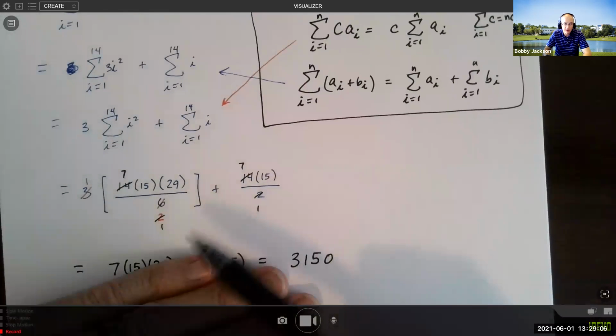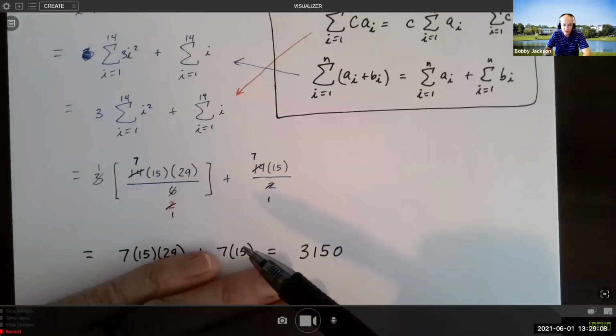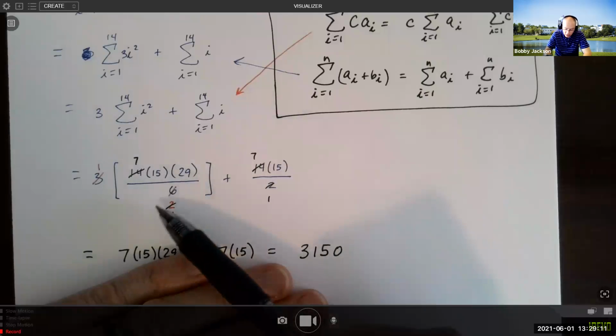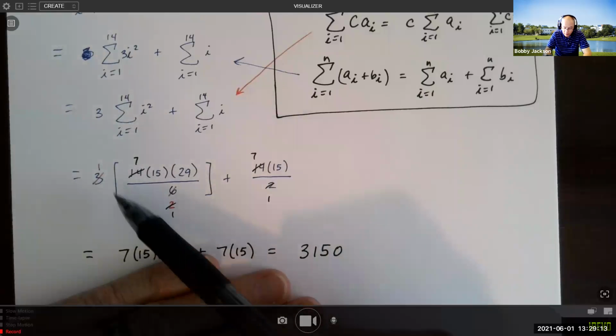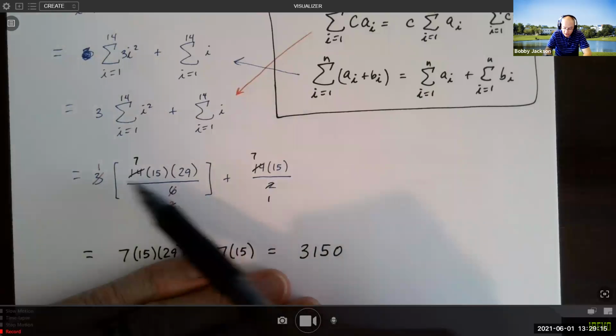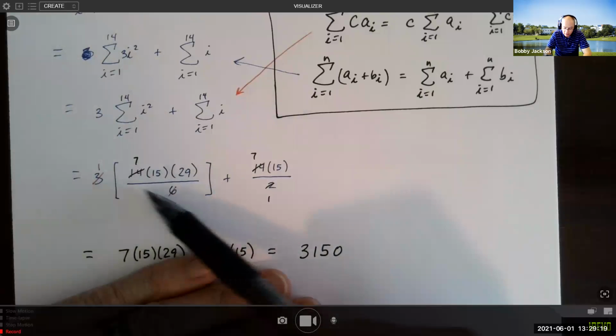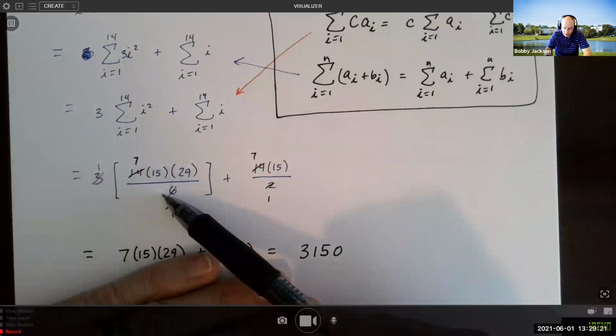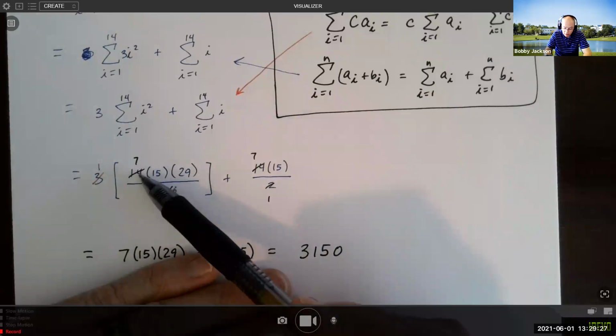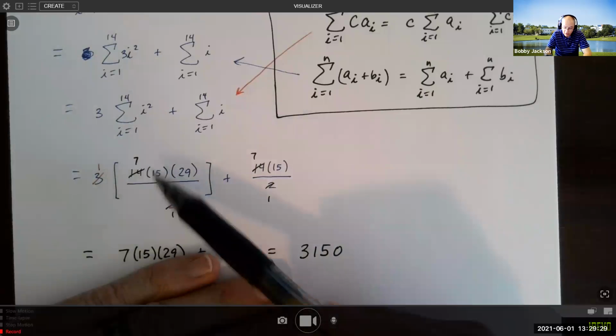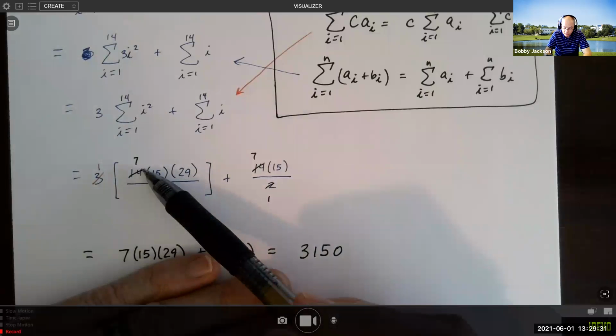Now you can use your calculator, just plug in as is and get the answer, but I do a little simplifying. So notice the 3 divides into the 6 twice, so I can divide top and bottom by 3, sort of cancel the factor of 3 from the numerator and denominator. And then when I have this 14, I can divide 14 by 2 to get 7. And so I'm just left with 7 up top.